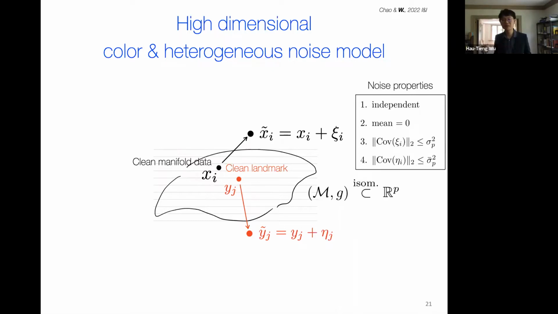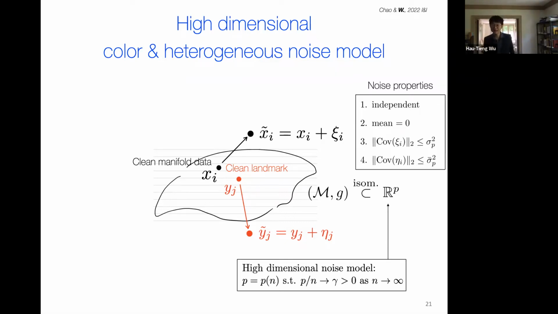I will assume that those noises are independent with mean 0, but their covariance may vary from one to another, but they are always bounded by some sigma p squared, so that sigma p depends on p. That will be our noise model, which is colored, which can be heterogeneous, but they are independent.